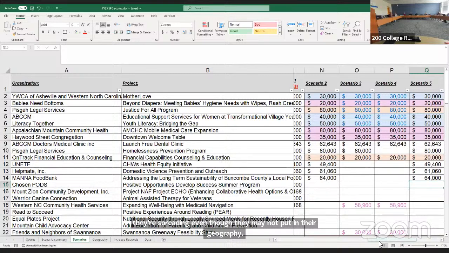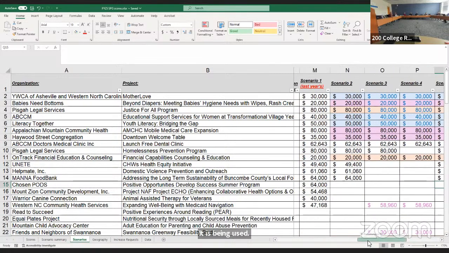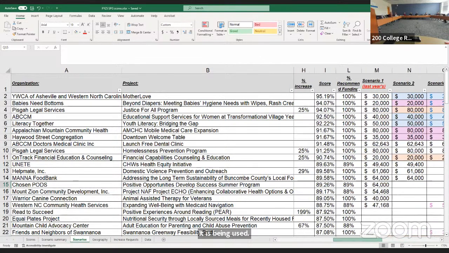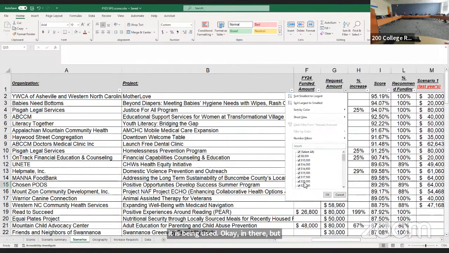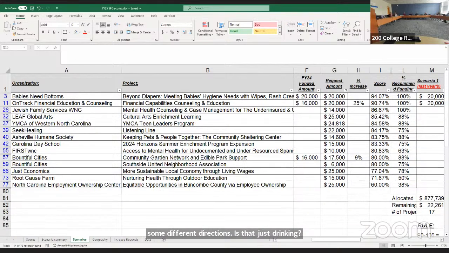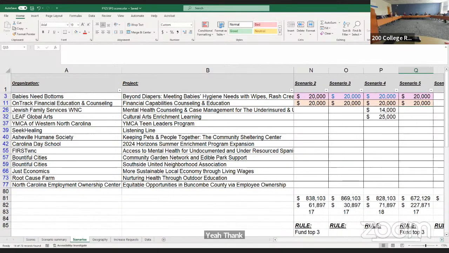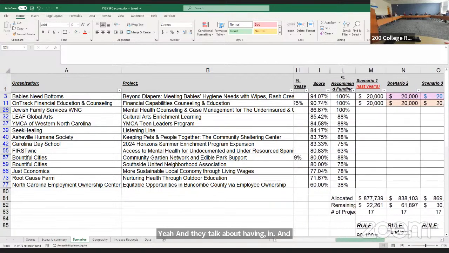Yeah, and we tried putting the population served answers in there, but then it started taking us in a lot of different directions beyond only where the people live. And it felt distracting. How big of a problem is serving outside Buncombe County? They need to spend the money. Right. They have to be physically located in Buncombe County, like their address, and then they need to be served.